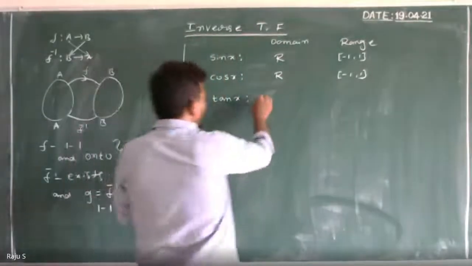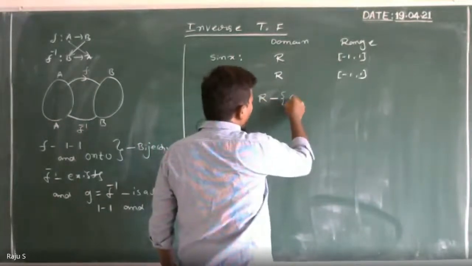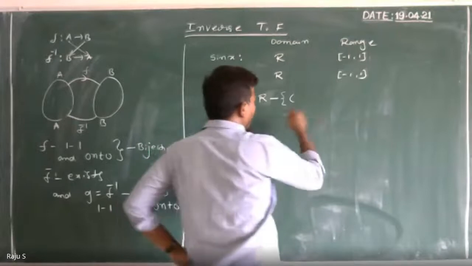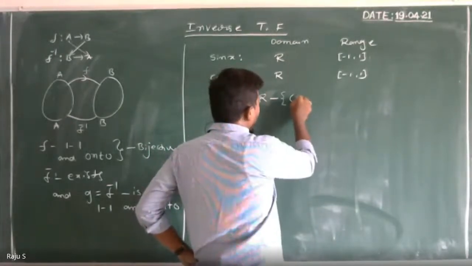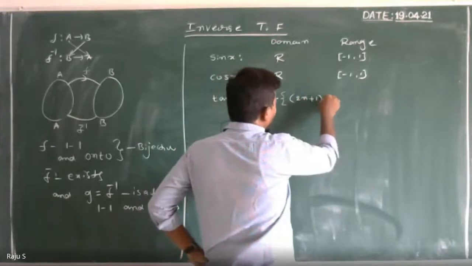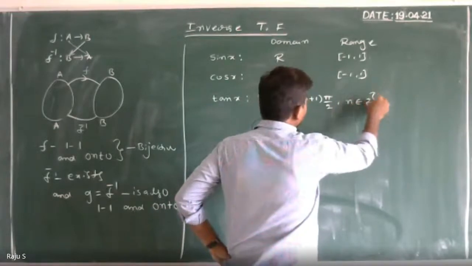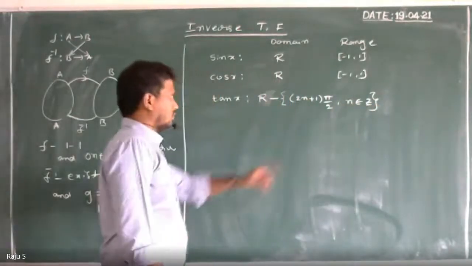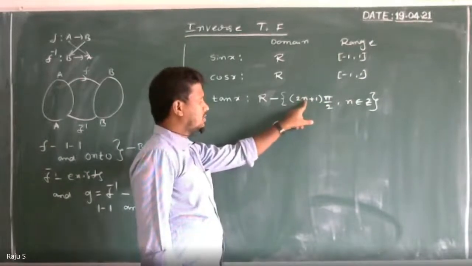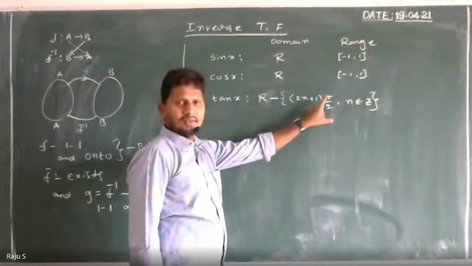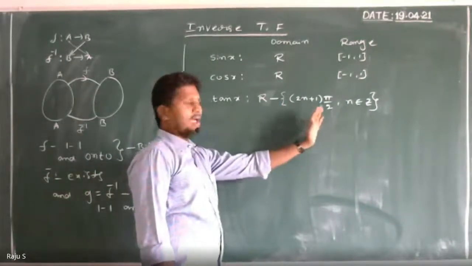So from the real numbers, you have to remove 90, 270, minus 90, minus 270, like that. Shall we write it as (2n+1) times pi by 2, where n belongs to Z? If n is 0, we get 90, which we remove from the real numbers.